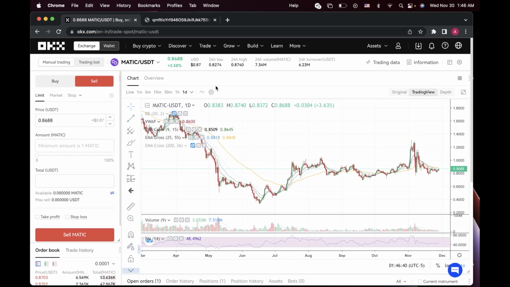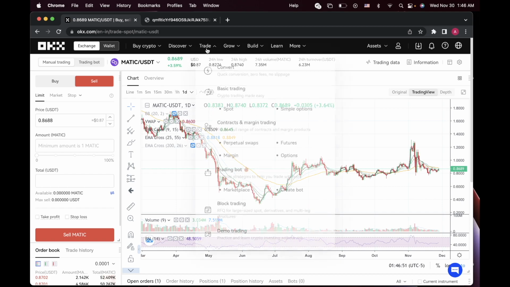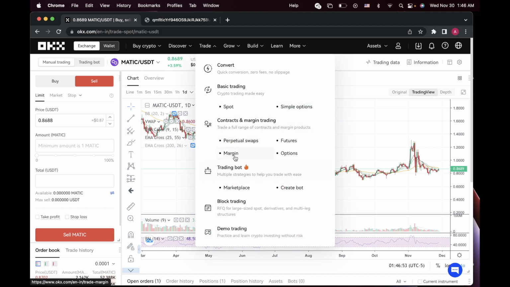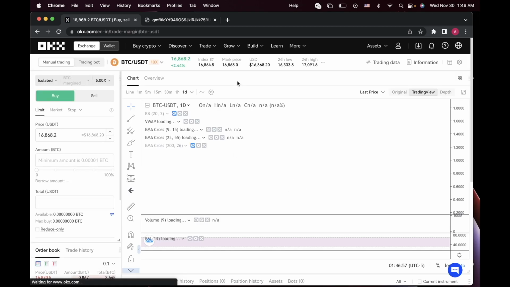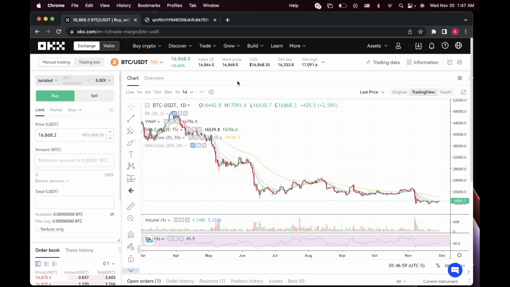So, just the usual market. If you want to sell something and get some profit, and you don't want to open a position or use any leverage, we are using the spot market. But if we want to get some more money and play with short and long trades, we need to use margin for that.